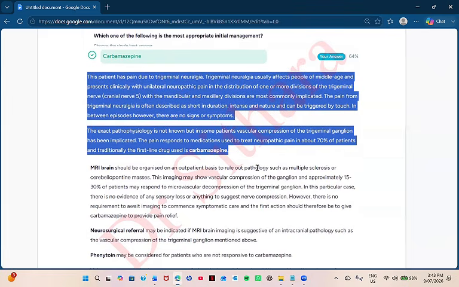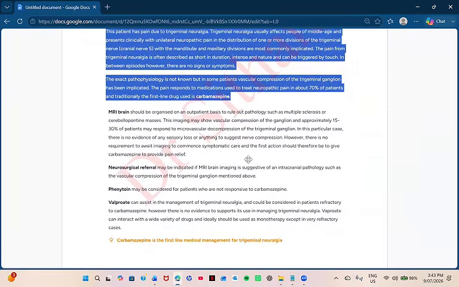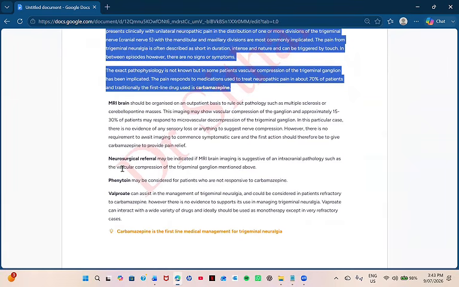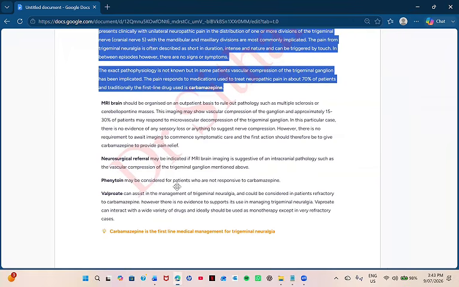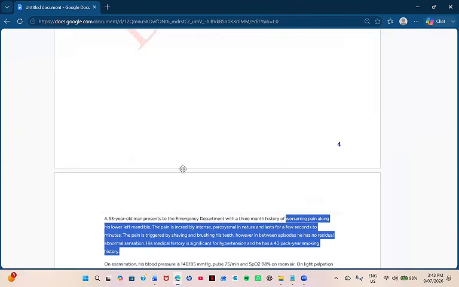About 70% of patients respond to medication used to treat neuropathic pain, and traditionally carbamazepine is the first line, right? Neurological referral may be indicated if MRI brain imaging suggests intracranial pathology such as vascular compression of the trigeminal ganglion mentioned above. So remember carbamazepine, very important. This is all from TG, very important.